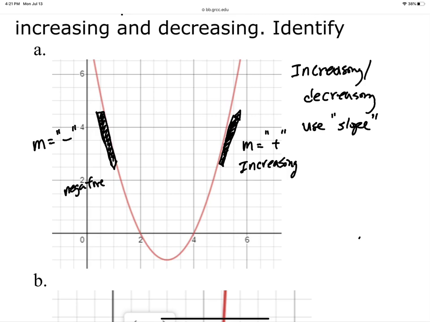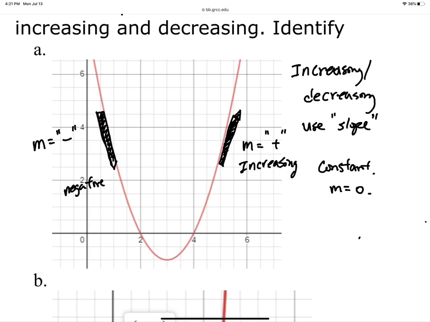Now let's talk about constant. Constant is when the slope is 0. So take a guess where the slope equal to 0 is. I'll give you 5 seconds. 1, 2, 3, 4, 5.